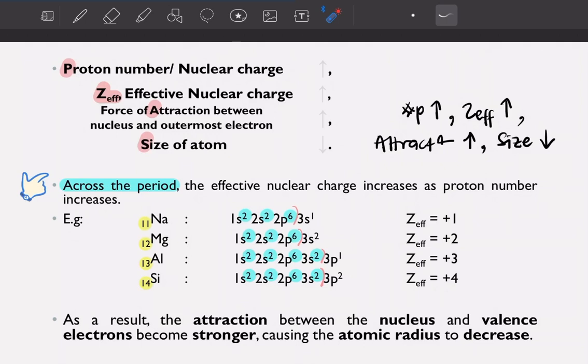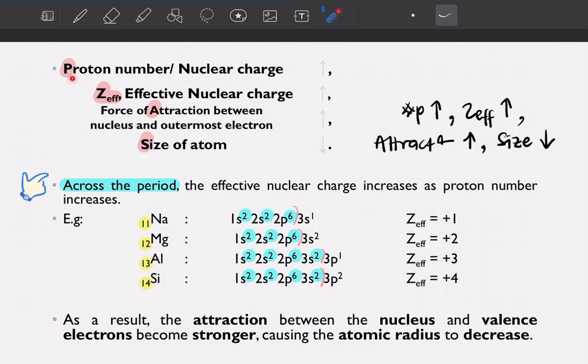So, you are going to use this to explain the size of atom across period. Okay, across period, proton number increase and so on. Okay, you can use the terms proton number and nuclear charge interchangeably, although it does not exactly mean the same thing.